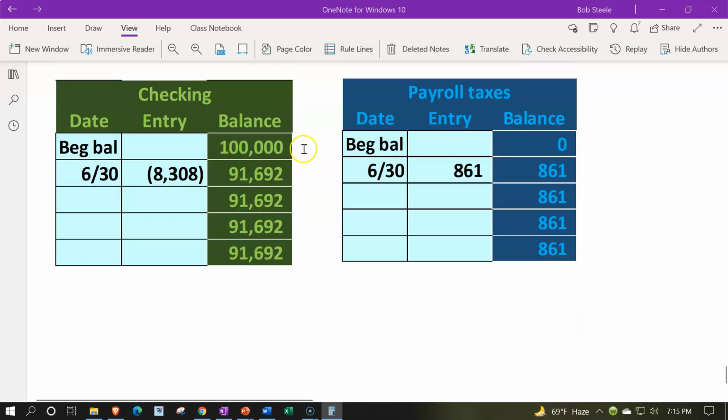The income, or the checking account went from 100,000 down by the 8,308. The net checks, of which there are two, and two would show up on the bank statement, which we would have to make sure that we can reconcile to our books, even though if we only recorded it as one, here we can do. And then the payroll taxes going from 0 up by the 861 to the 861.